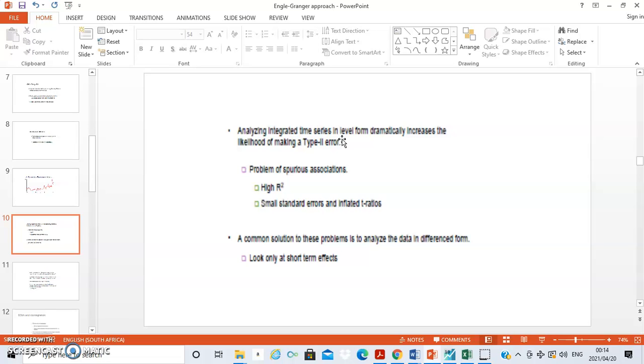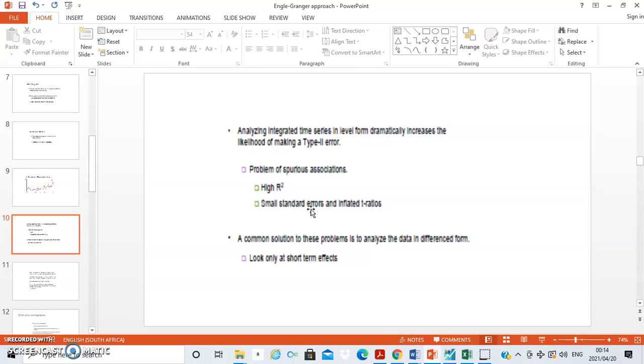And what does that mean? That means you are likely to have a problem of spurious association, whereby the variables will appear to have a relationship, even though such a relationship does not exist. Even such variables do not relate in any way. In most cases, you'll have a high R square and a small standard error, but at the same time the t values are so inflated, which doesn't make any sense.